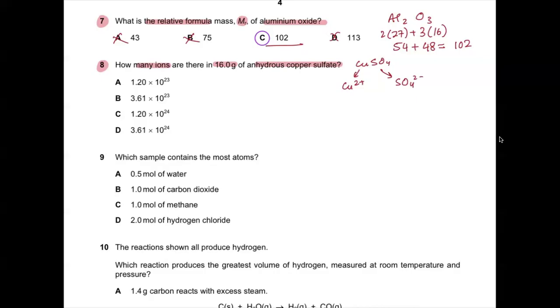It means 1 mole of copper sulfate gives you 2 ions, right? Okay. So what is the Mr of copper sulfate? What is the Ar of copper?